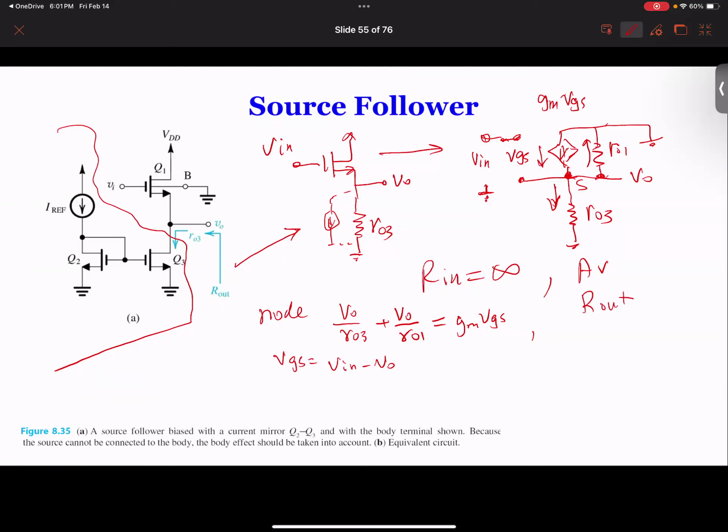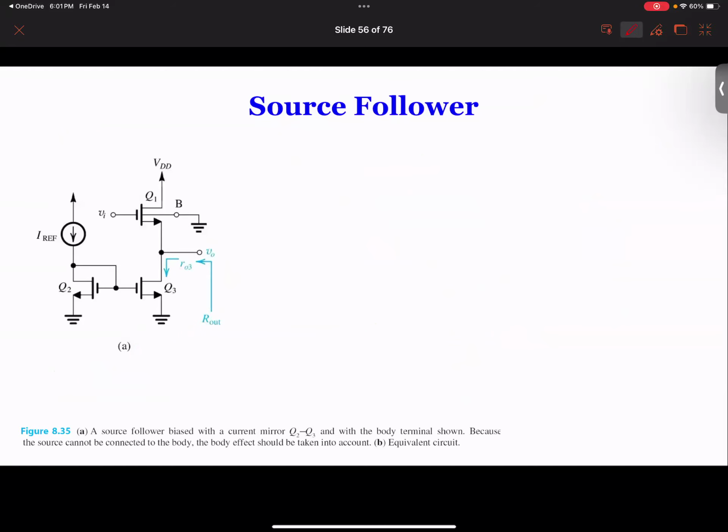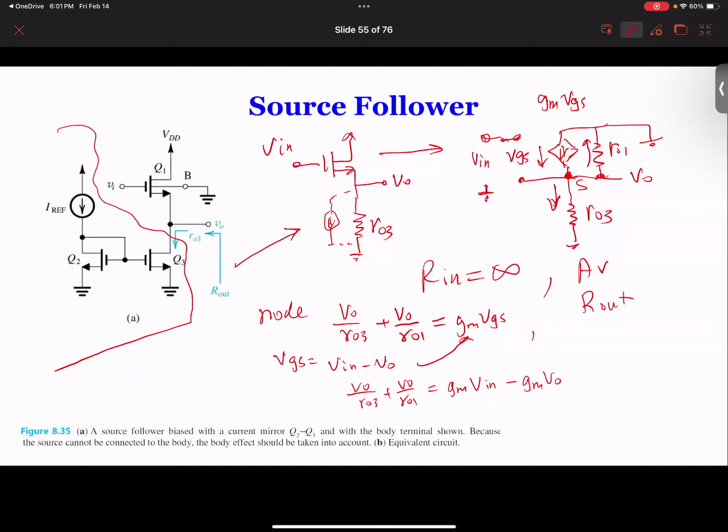So simply plugging this one into this equation over here, we'll get VO over RO3 plus VO over RO1 equal to GM times V in minus GM times VO. Now we can move the VO to the other side.